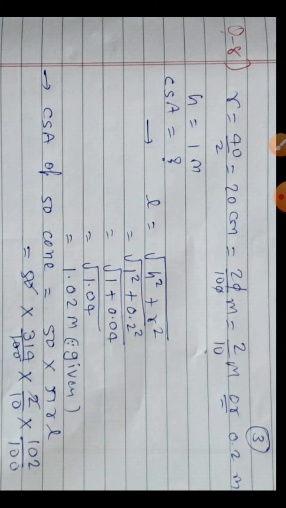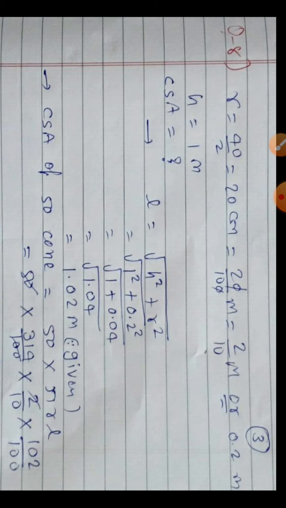Why? Because in finding L they have given the answer in decimal form. They have given root 1.04 is equal to 1.02. You can find it any way, by placing value in fraction form or decimal form, but mostly we use values in fraction form only.